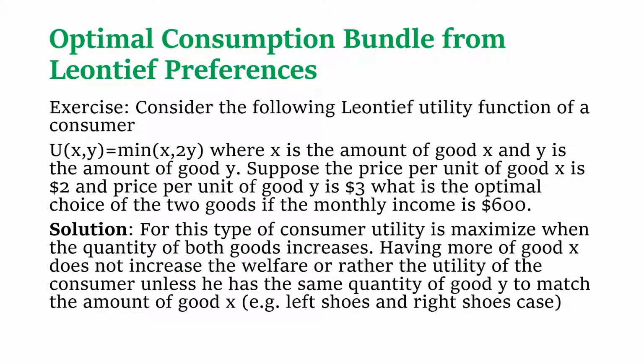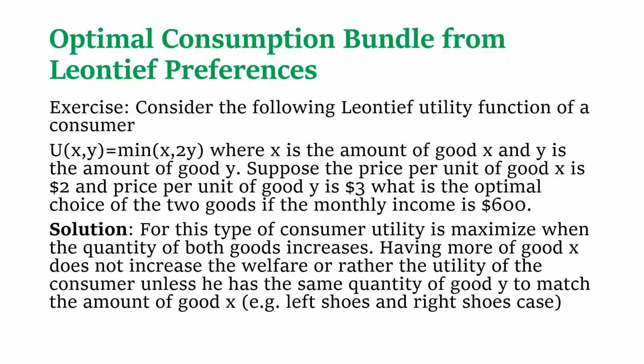Now let's take, for example, you have left shoes and right shoes. The only way you are going to maximize utility is for both the left as well as the right shoes to increase by an equal amount. If one of them increases and the other remains the same, you are not better off. You are not going to maximize your utility.